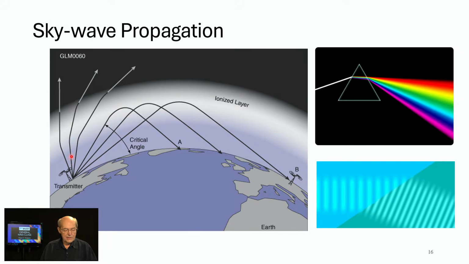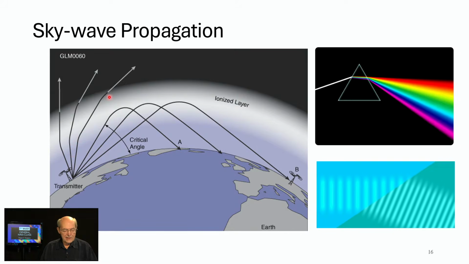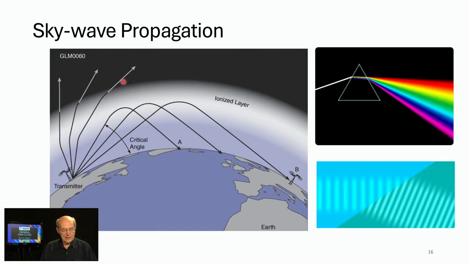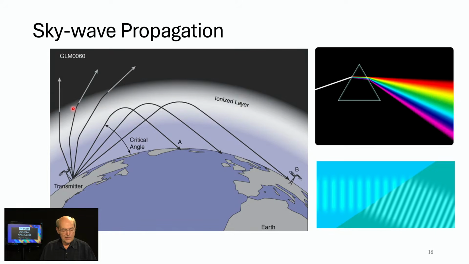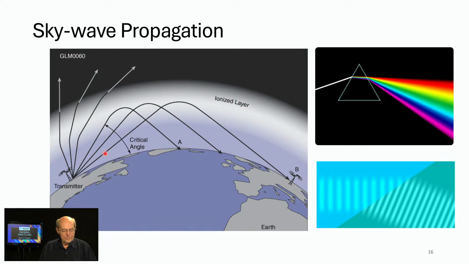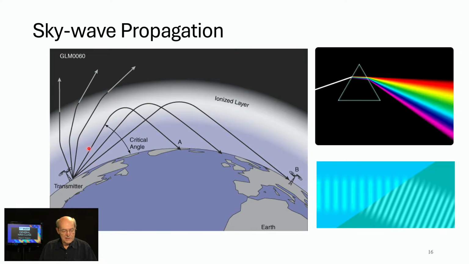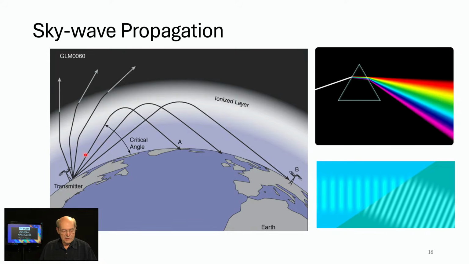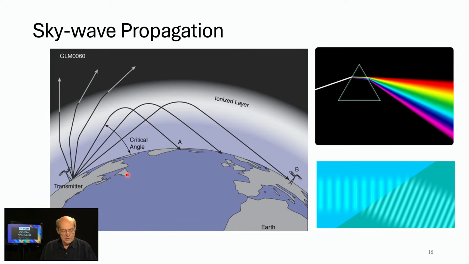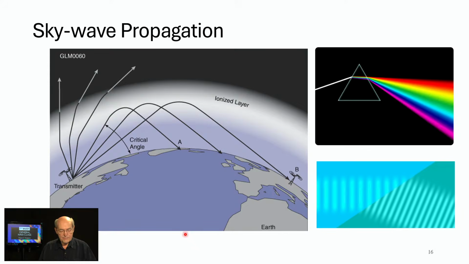If you shoot it at a less steep angle, there's not enough refraction and it'll actually go off into space. So we see different angles here. And different angles of incidence will cause each one of these to come down in a different place.